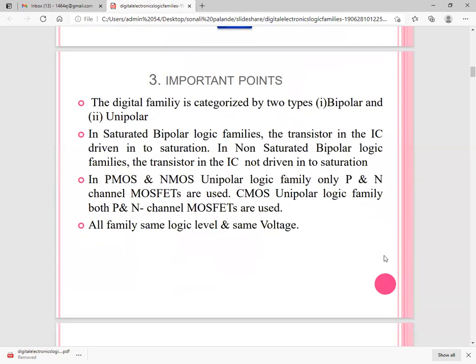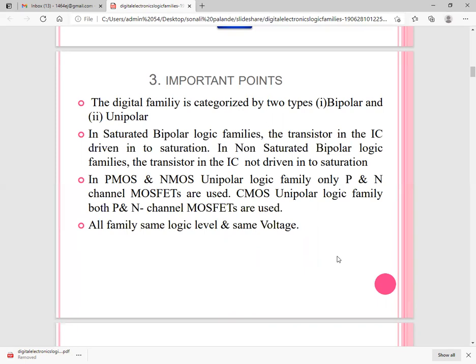So here are the important points. The digital family is categorized into two types: first is bipolar and second is unipolar. In saturated bipolar logic families, the transistors in the IC are driven into saturation. In non-saturated bipolar logic families, the transistors in the IC are not driven into saturation.